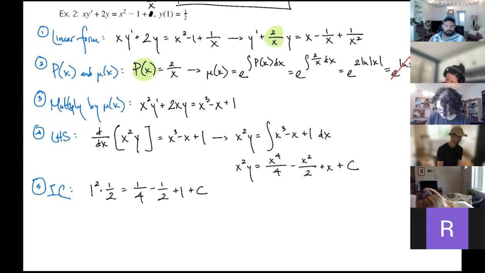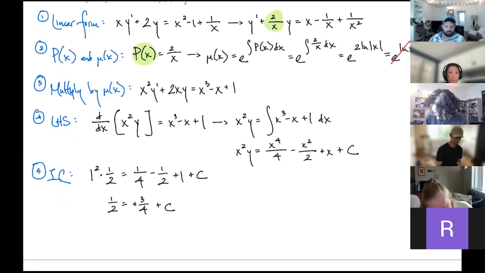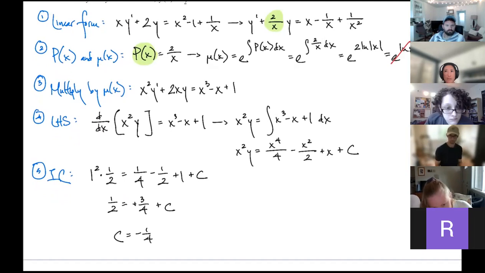And then with a little bit of computation, we get 1/2 equals, let's see, this is negative 1/4 plus 3/4 plus C. And then we'll get C equals negative 1/4, I believe. Yeah, okay. I feel like the more math I do, the worse my computation gets. So please double check me because sometimes it doesn't come out right.